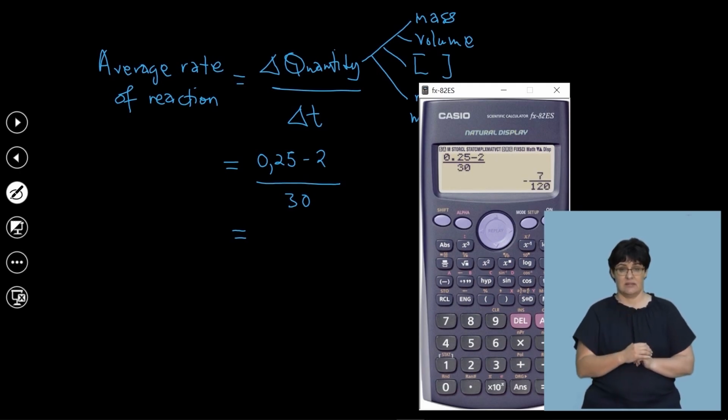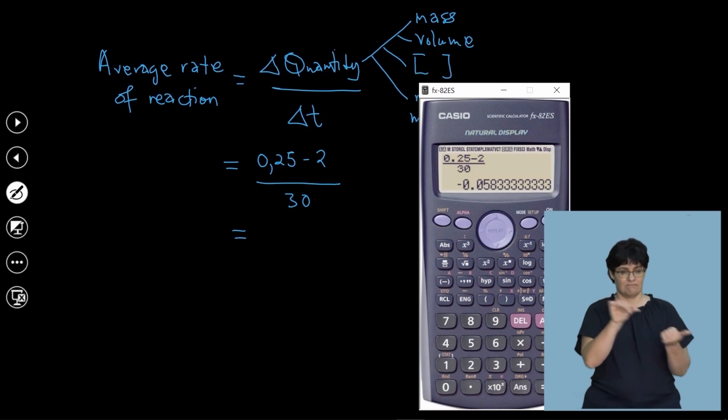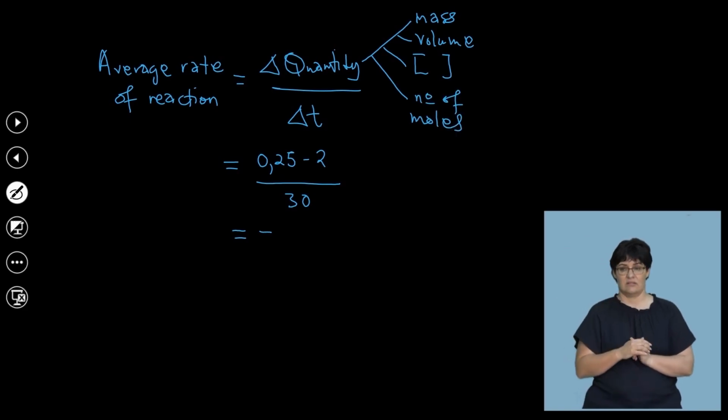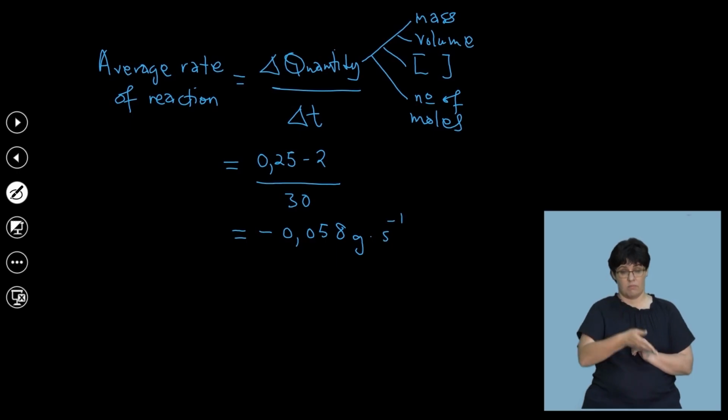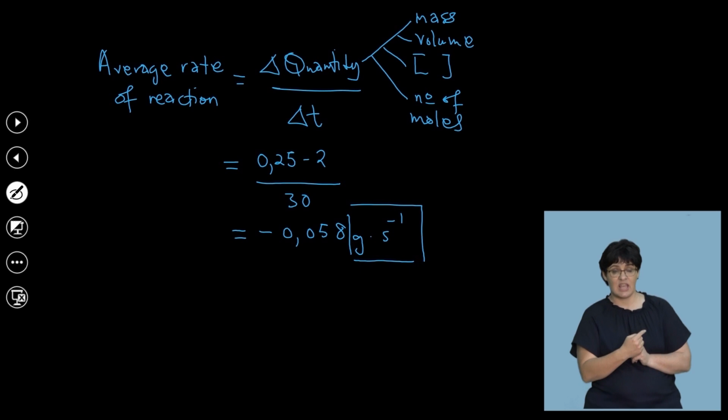So our final answer is negative 7 over 120, okay? Just to put that, this is negative 0.058, so it's negative 0.058 grams per second. Okay, because the question says the units must be given in grams per second. Why? Because this is mass over time.